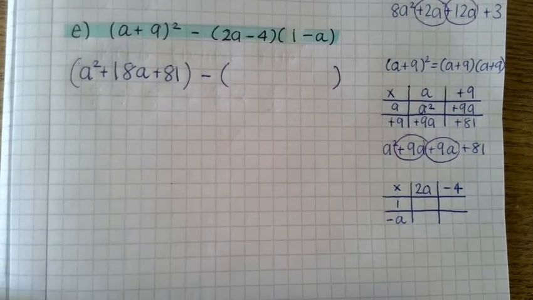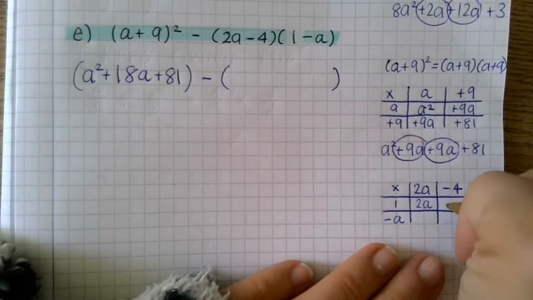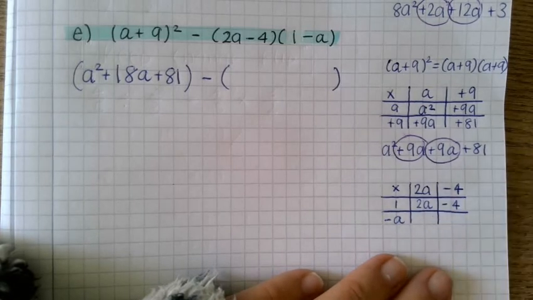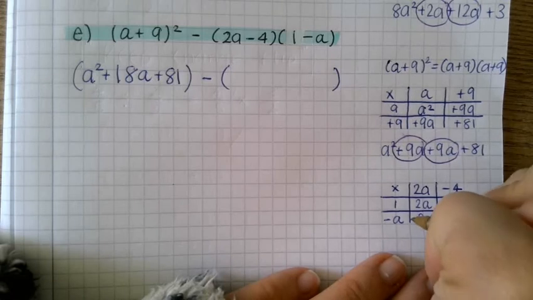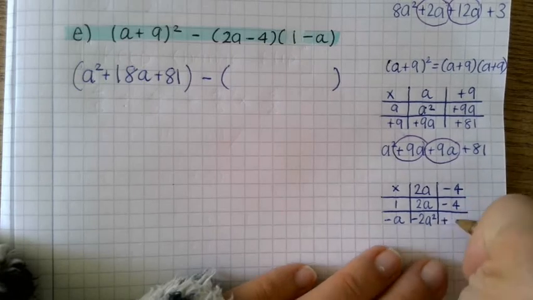So filling out my grid, well 1 times 2a is 2a, and 1 times negative 4 is negative 4. And negative a times 2a is negative 2a squared. And negative a multiplied by negative 4, so negative times negative is a positive 4a.